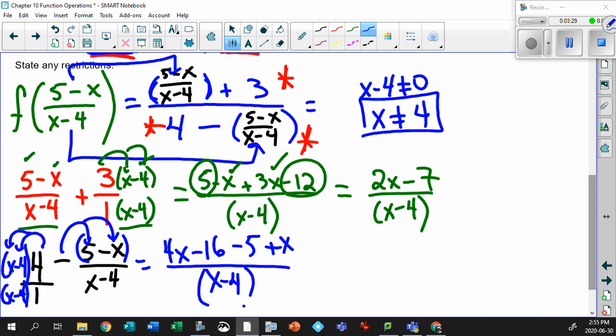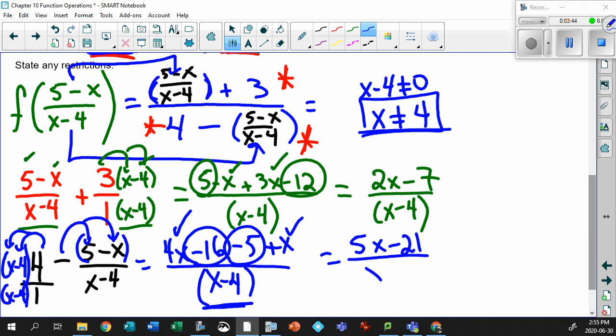And look at that. We've already taken care of this non-permissible value right here. Okay, combine. 4x and x gives me 5x. Minus 16 and minus 5 gives me minus 21, over x minus 4. Now look how pretty I line this up, because guess what? There's our numerator, there's our denominator, and we're just going to divide these two things.